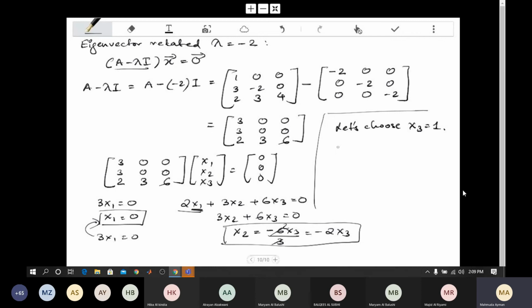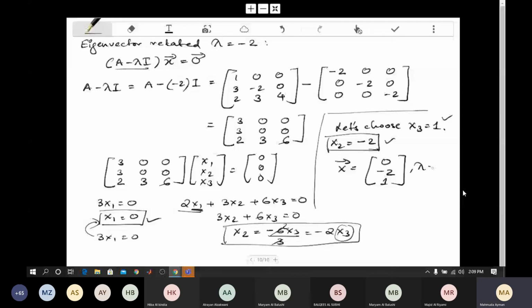In that case, x2, if you put here 1, it will be minus 2. So our eigenvector is equal to 0 for x1, x2 is minus 2, and x3 is, we said, let's suppose it's 1. So that's the eigenvector for the eigenvalue minus 2.